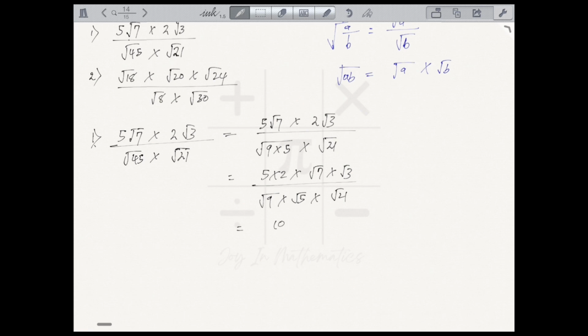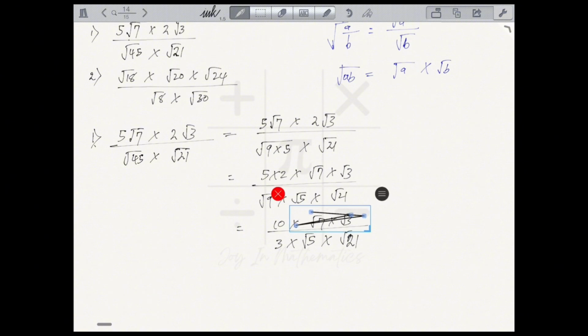So this will give us 10 multiplied by root 7 multiplied by root 3 divided by 3, because root 9 is 3, multiplied by root 5 multiplied by root 21.